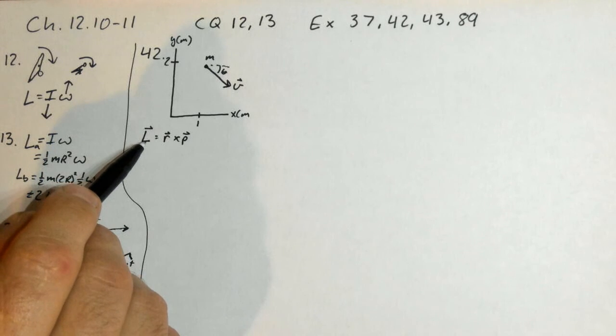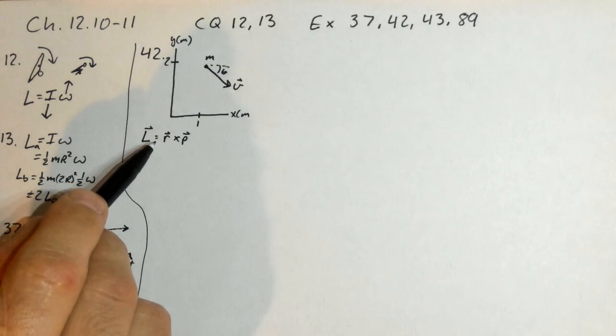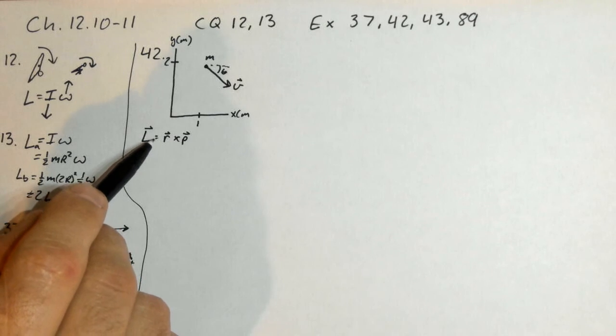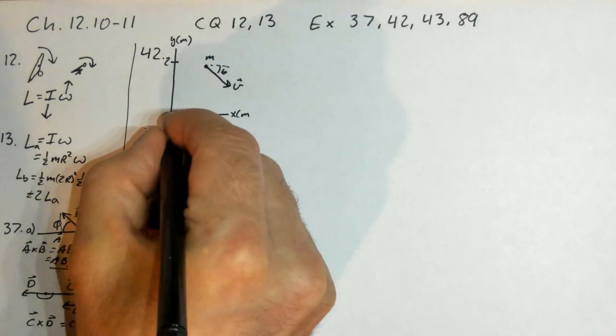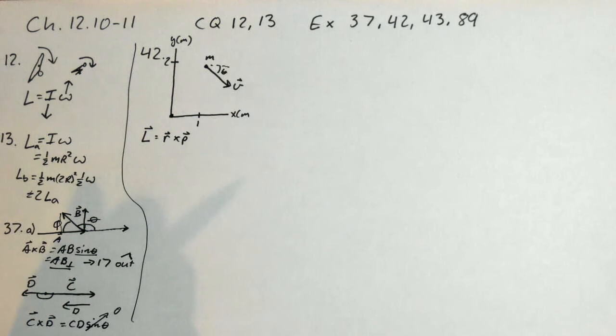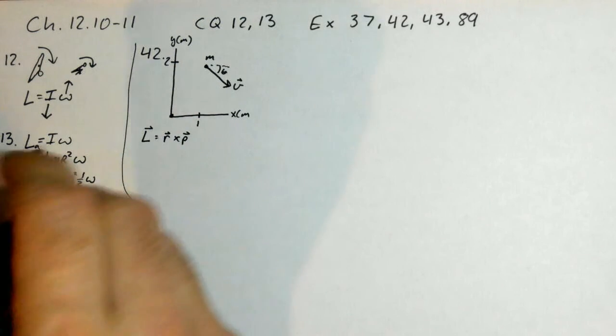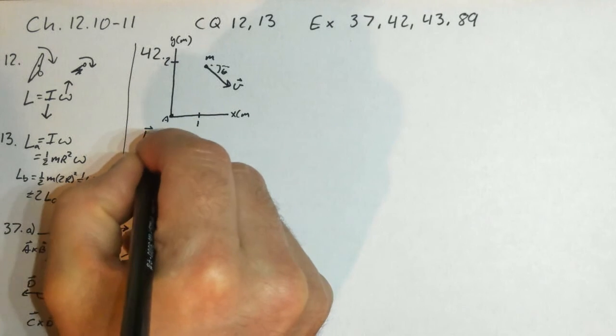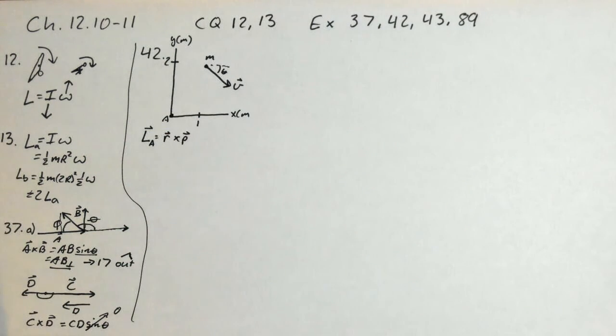Remember, just like torque, it cares about our choice of a pivot. And so this problem tells us we're going to choose the origin as our pivot, the point about which we're measuring the angular momentum. So we always have to take that into account. If I call that point A, sometimes I like to write this as L_A, meaning it's the angular momentum about point A, or with respect to point A.